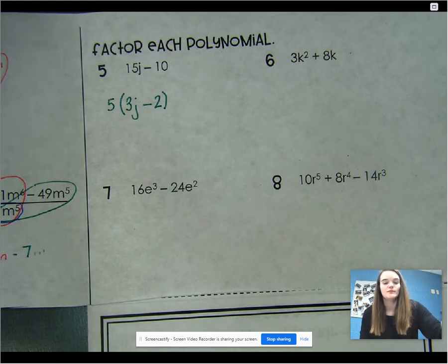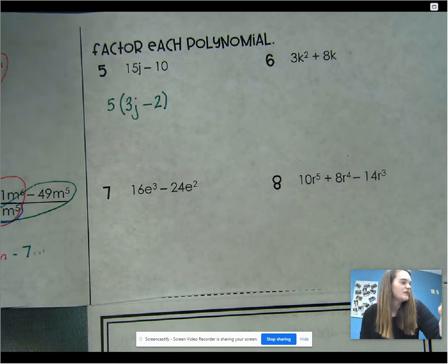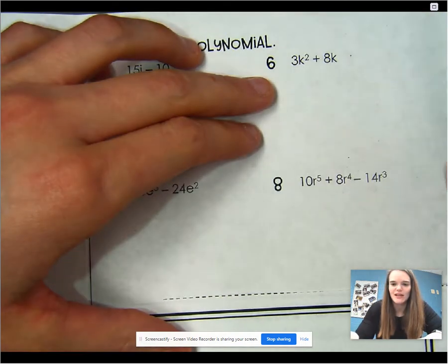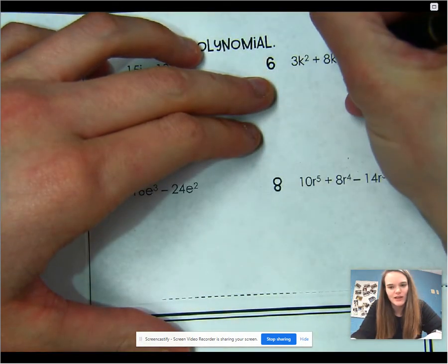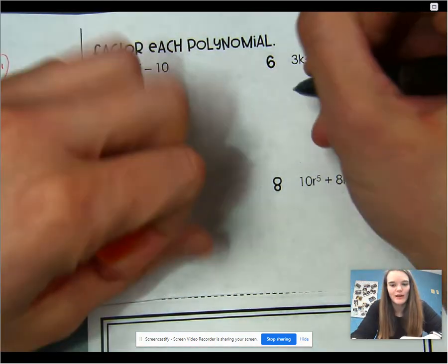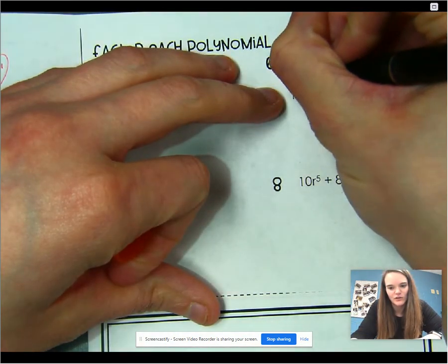Number 6, 3k squared plus 8k. There is not a number that you can divide into both 3 and 8 that's the same number. So it does not have a number we're going to pull out. However, they both have k's. We have a k squared and we have a k to the first. We have to take the smaller of the two, so we have to take out a k to the first.